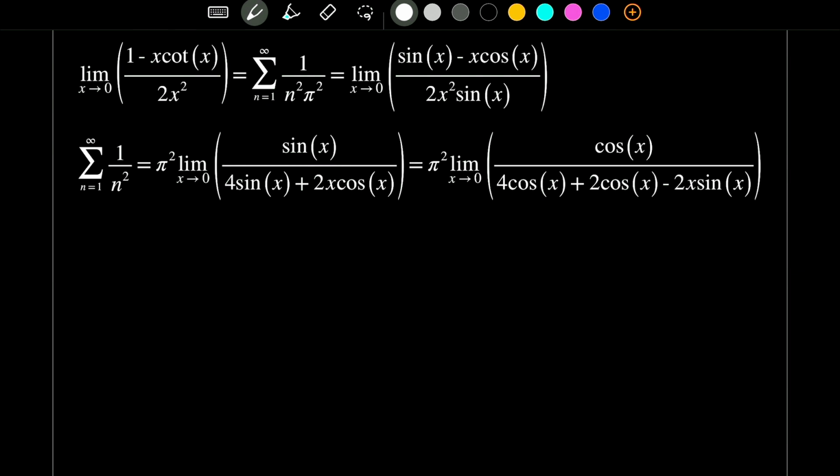First of all, if you plug x equals 0 into cosine, we just get 1, so that helps out a lot here, and we're going to get that the sum from n equals 1 up to infinity of 1 over n squared is equal to pi squared times 1 over 4 plus 2 plus 0, which gives us pi squared over 6.